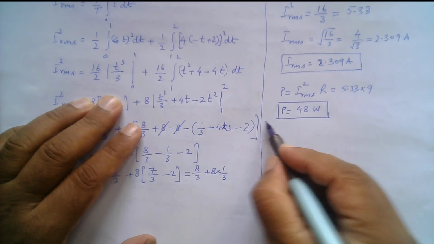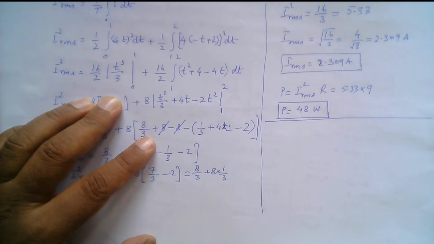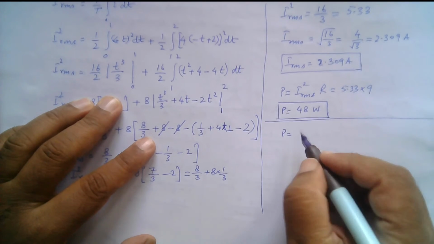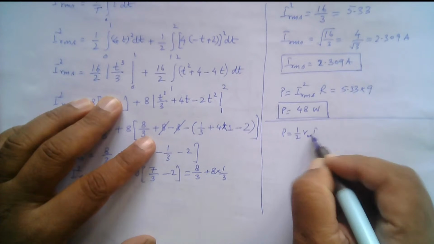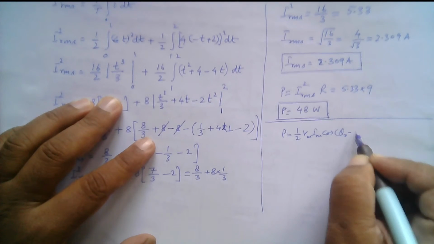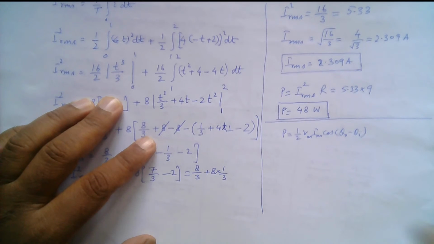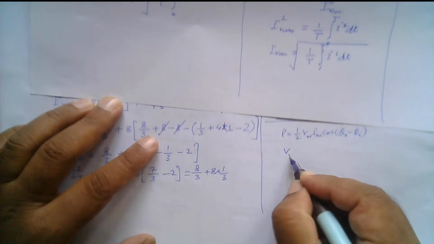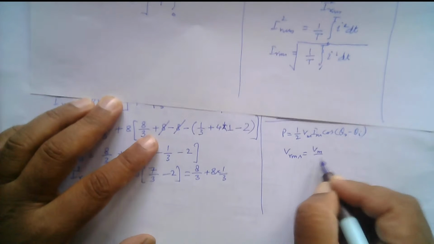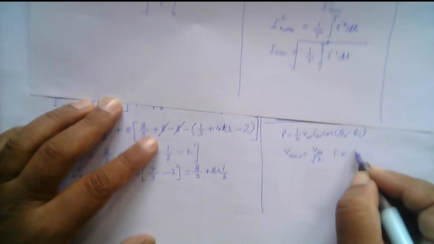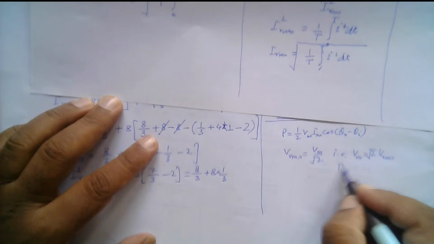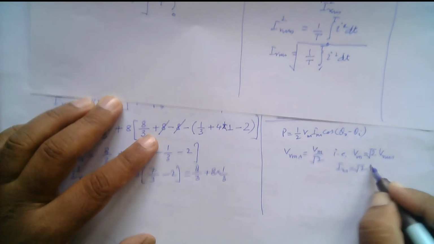Also note that we found out that the average power is given by 1 by 2 Vm Im cos of theta V minus theta I. So now we have found that for a sinusoidal source, V RMS is equal to Vm over under root 2. That is, Vm is equal to square root of 2 multiplied by Vrms. Similarly, Im is equal to square root of 2 Irms.